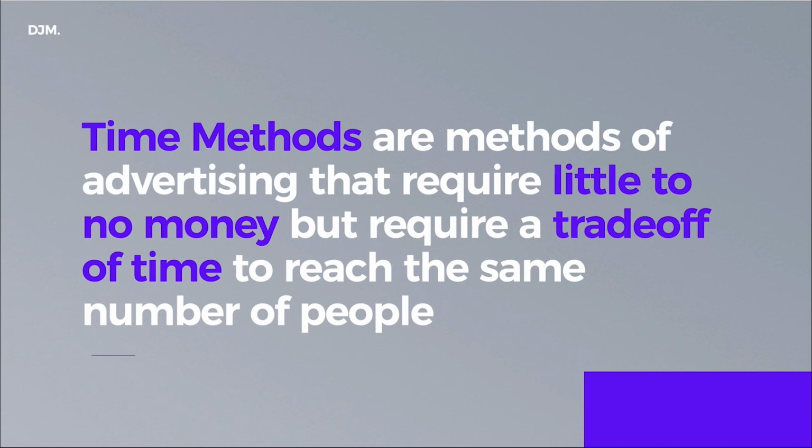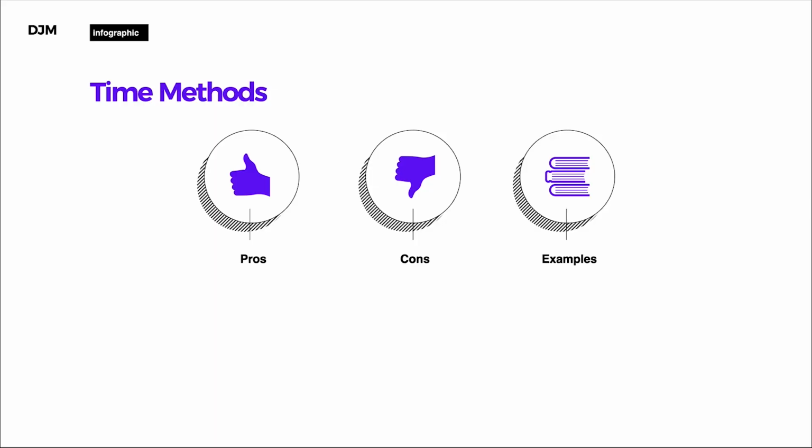So if you've been worried that this is going to cost a lot of money, that it's going to be way too expensive, I'm going to teach you how to start off small and without spending any money, and you are going to be able to get good results either way. And there are some things that are better about time methods that aren't quite as good about paid methods, and we'll get into that later as well.